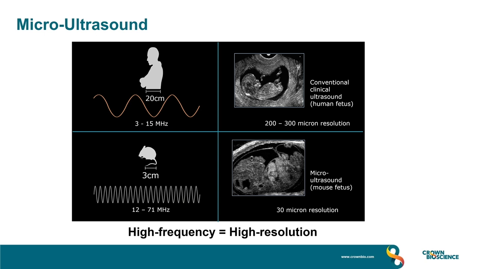A quick comparison. The ultrasound we have has a frequency of up to 71 MHz. The typical ultrasound used in the clinics has a frequency of 15 MHz. High frequency leads to high resolution. Therefore, our ultrasound can reach a resolution of 30 micron, while the clinical one can only reach about 200 or 300 micron.